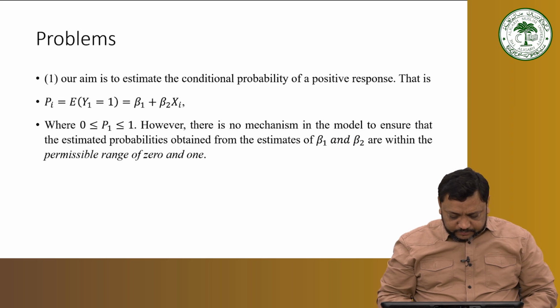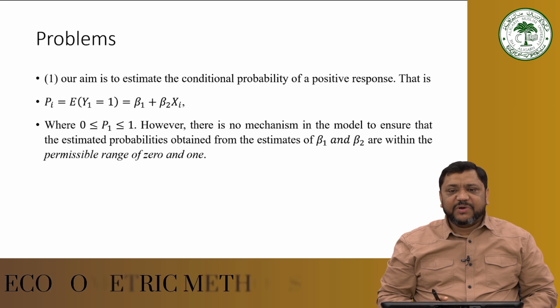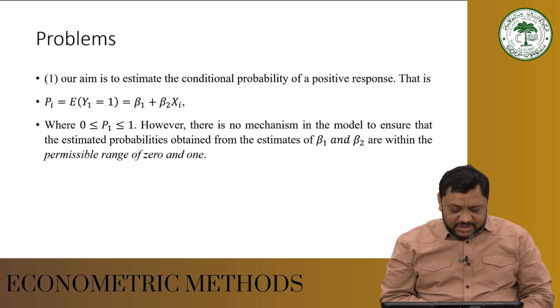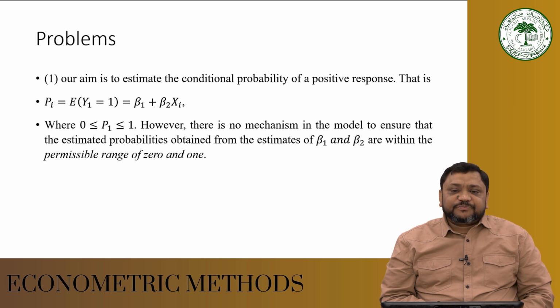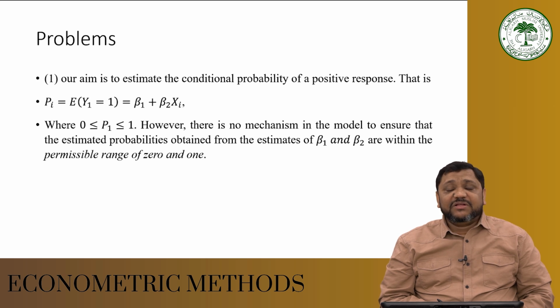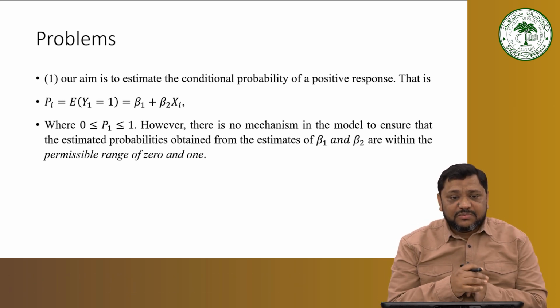Now, we can do the estimation, fine, but we come to the issues, the problems. The very first problem is that when you estimate the probability, the result may be more than 1.